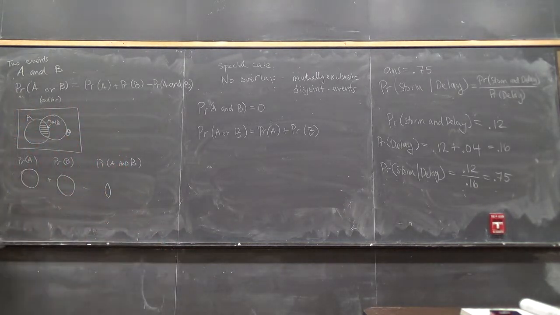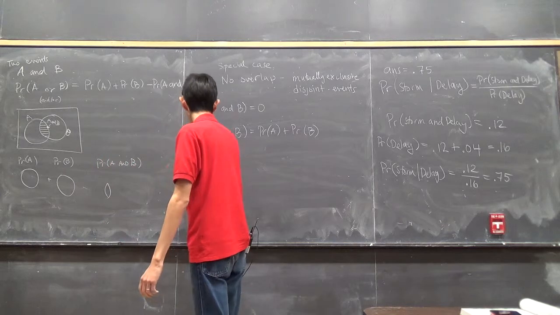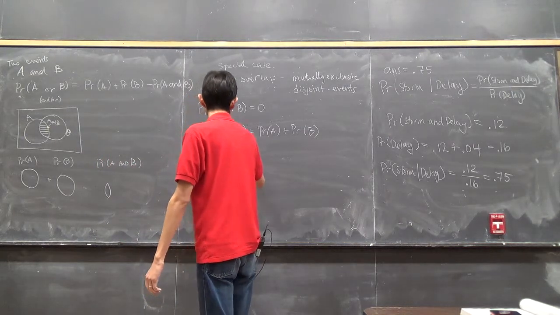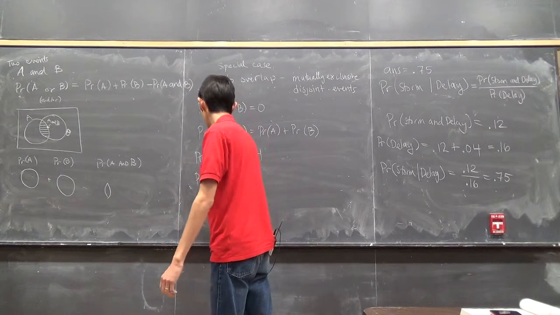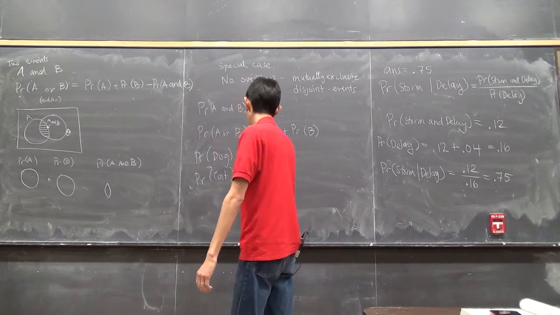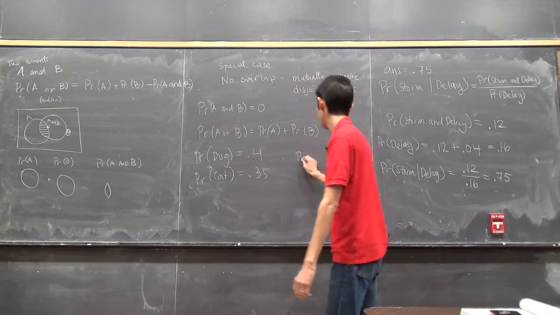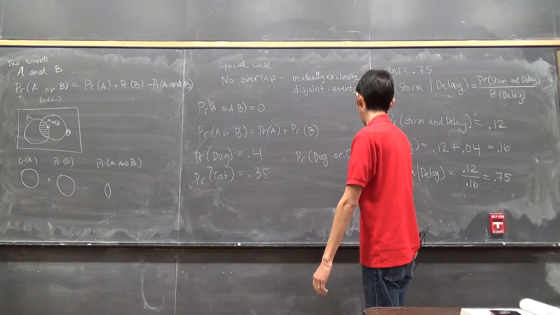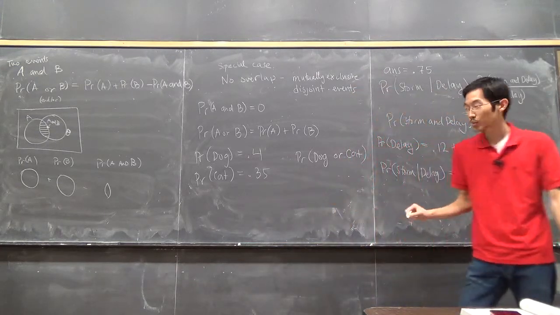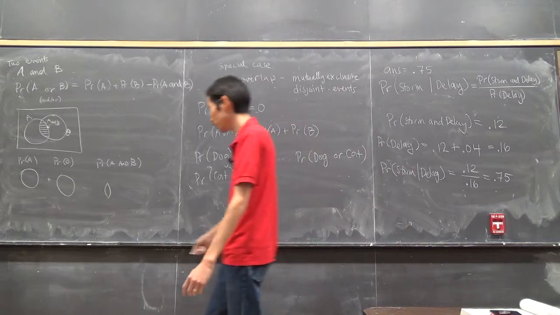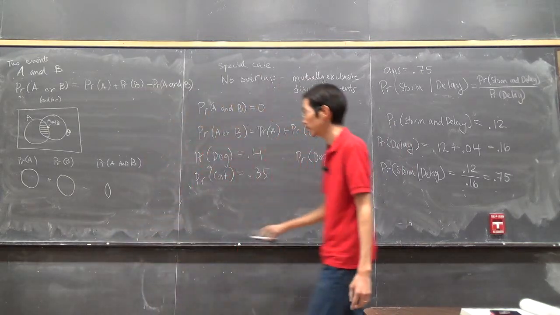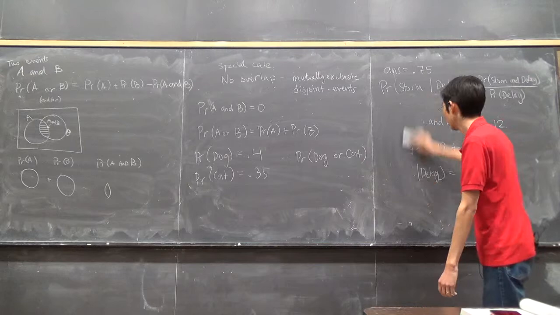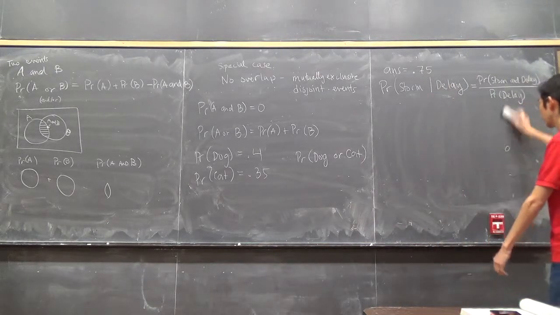Okay? Because can someone own both a cat and a dog? Yes. So all I've given you so far is that the probability that a household owns a dog is 0.4, and the probability that a household has a cat is 0.35, and I'm asking for the probability of a dog or a cat. Because households can own both, we need to know how much overlap there is.